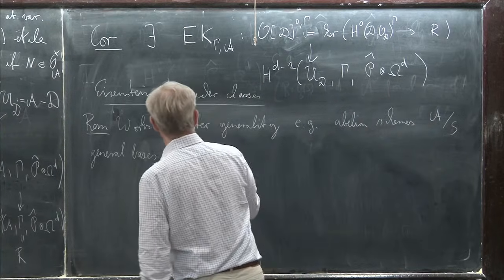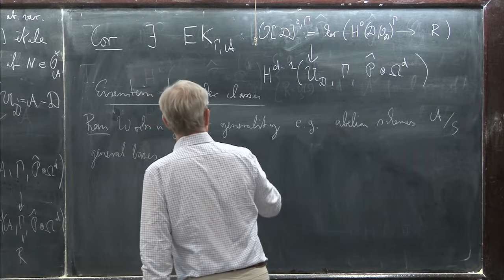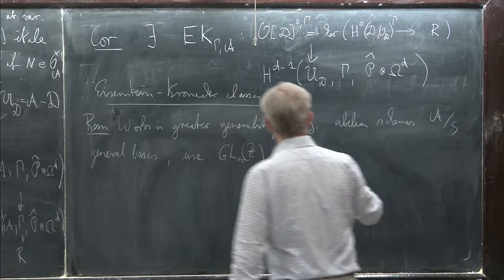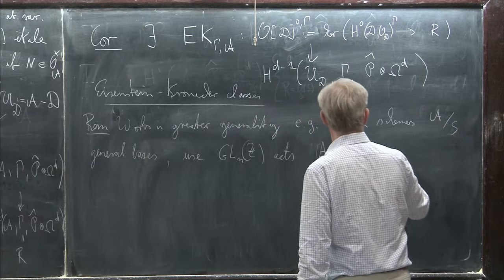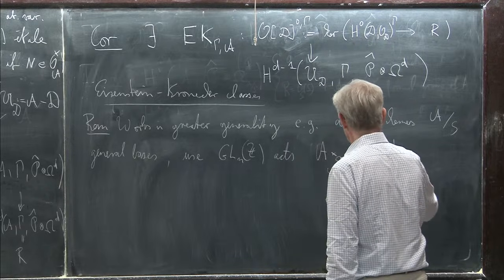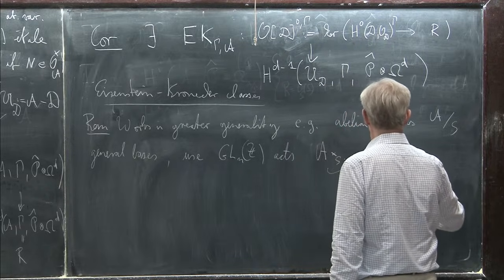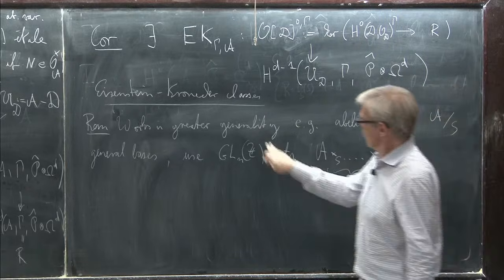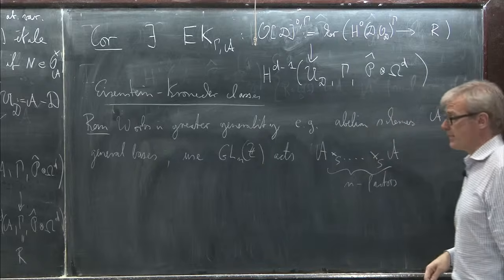Use GLNZ, which acts naturally on A times A and factors. So you can do something like this, then you get group cohomology classes in GLNZ.